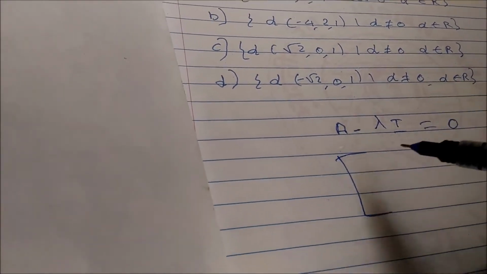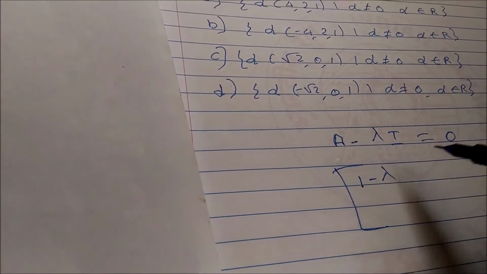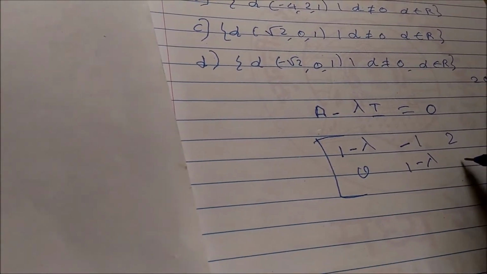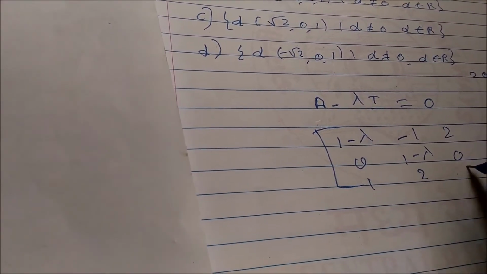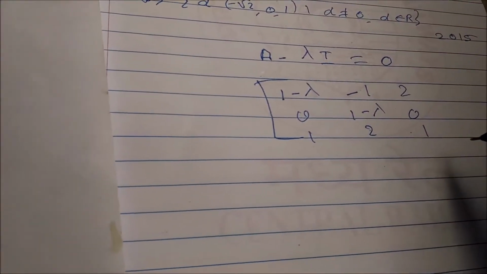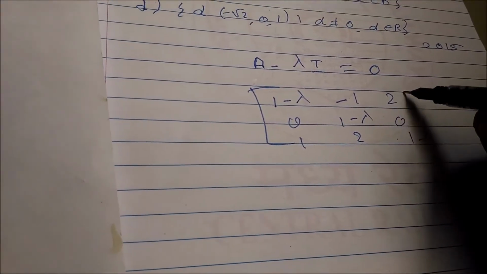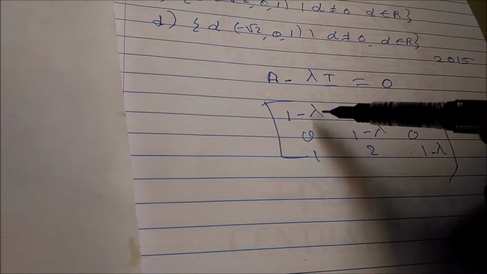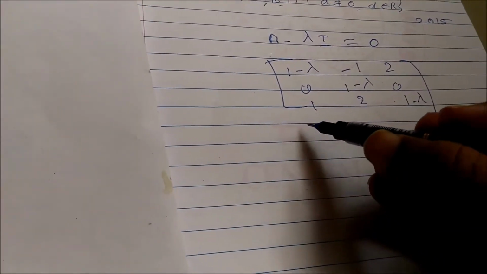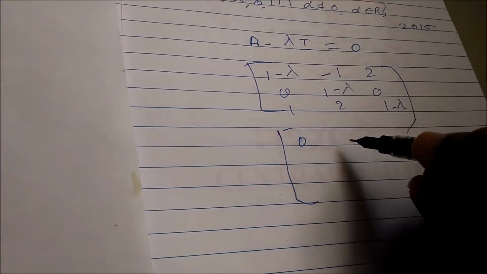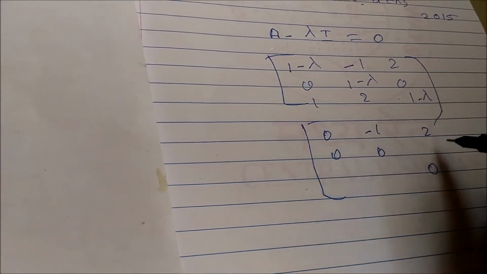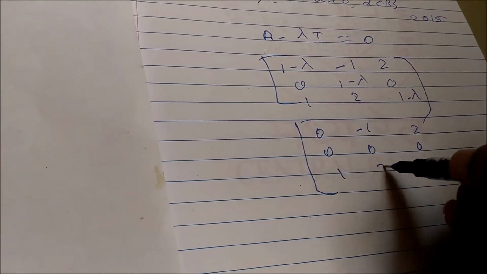We could directly write it like this. Since our lambda is 1, all diagonal entries become 1 minus 1, which is 0. So our new matrix will look like this: 0 in all the diagonals, and here minus 1, 2, 0, 0, and 1, 2.